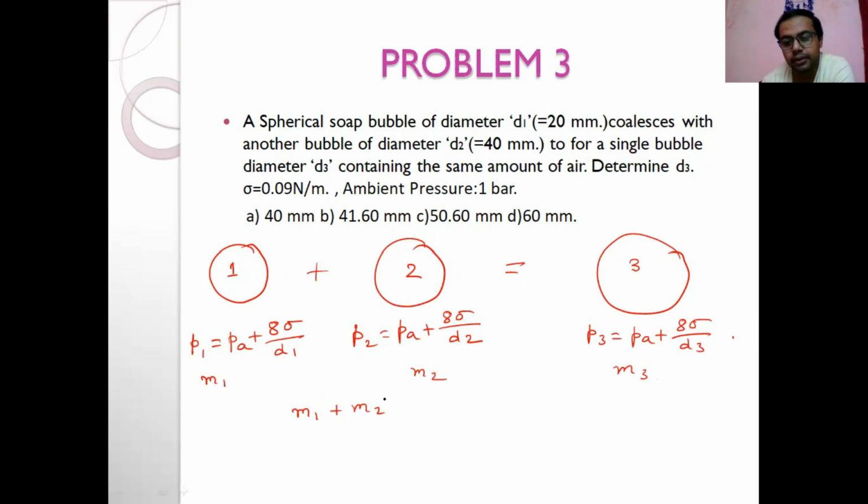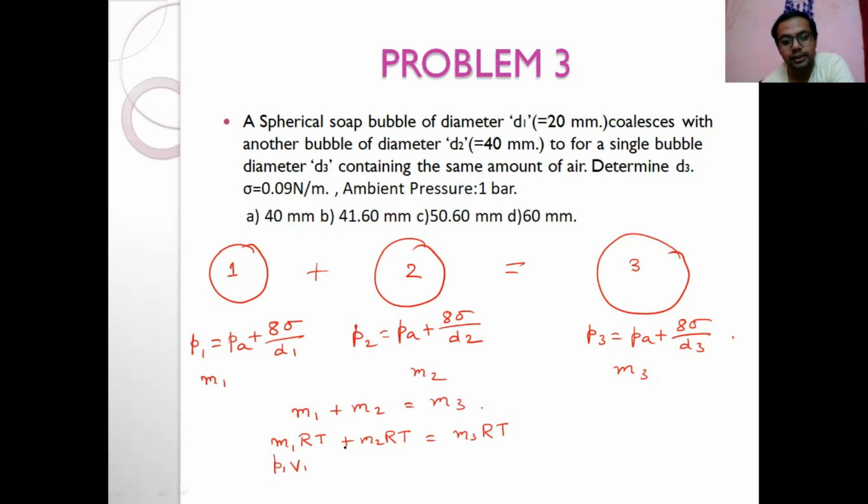So M1 plus M2 is equal to M3. Every bubble has air, so we multiply both sides by RT, where R is the gas constant. So M1RT plus M2RT is equal to M3RT, which sufficiently gives you the equation.